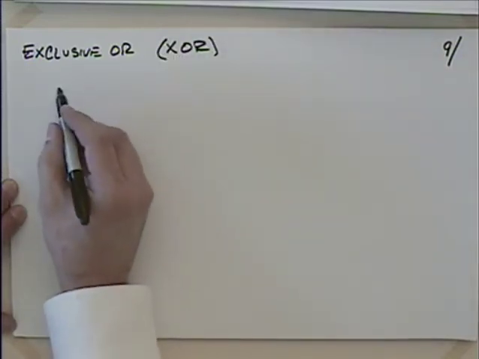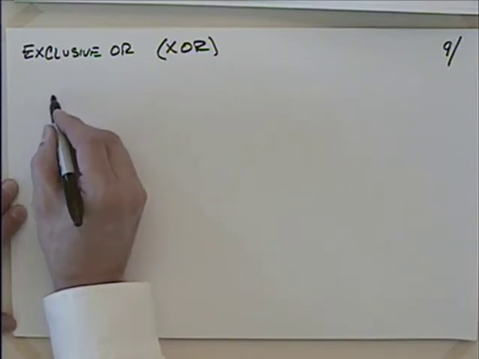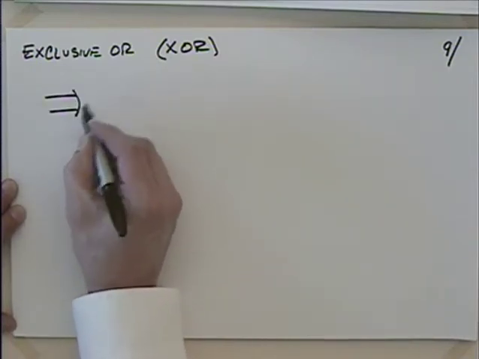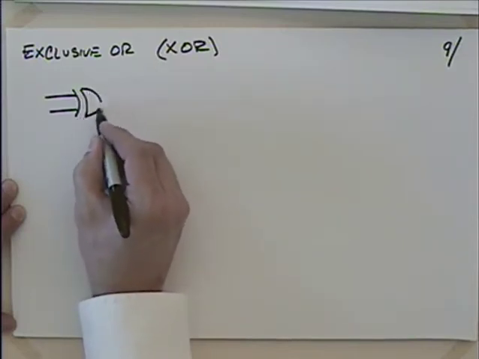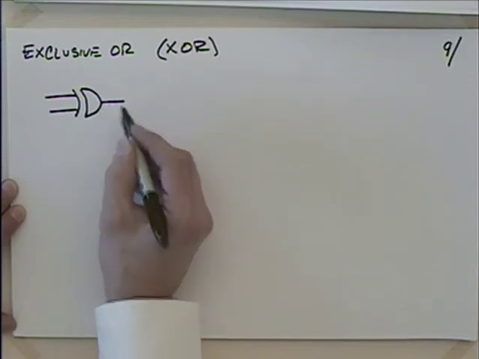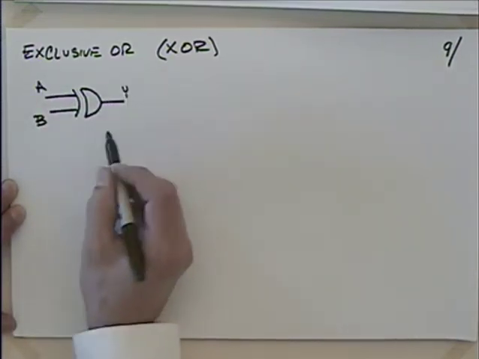And the symbol for this, we'll talk a little bit later about how we might build it. That's probably a little more complicated. I put a double back on this thing. So it's an OR with a double back. There's A, there's B, there's your output.